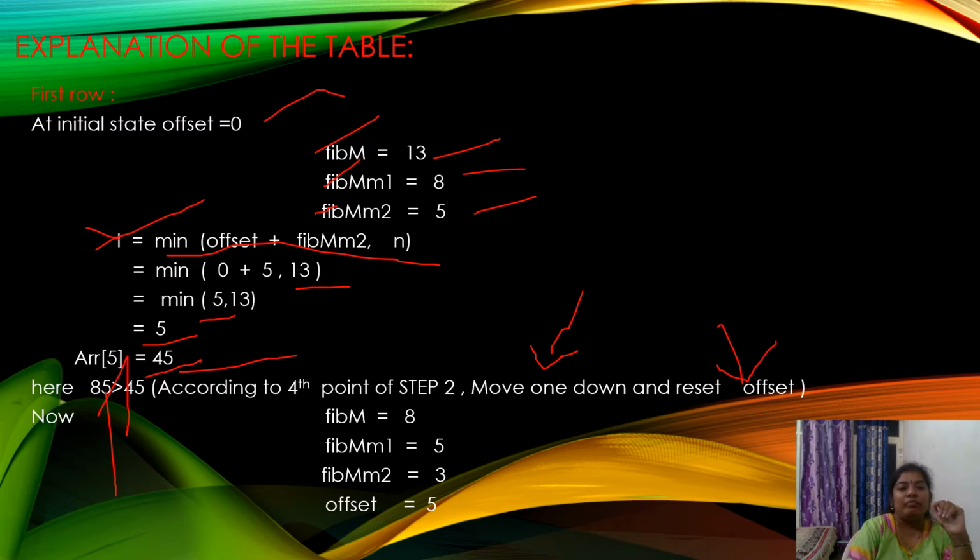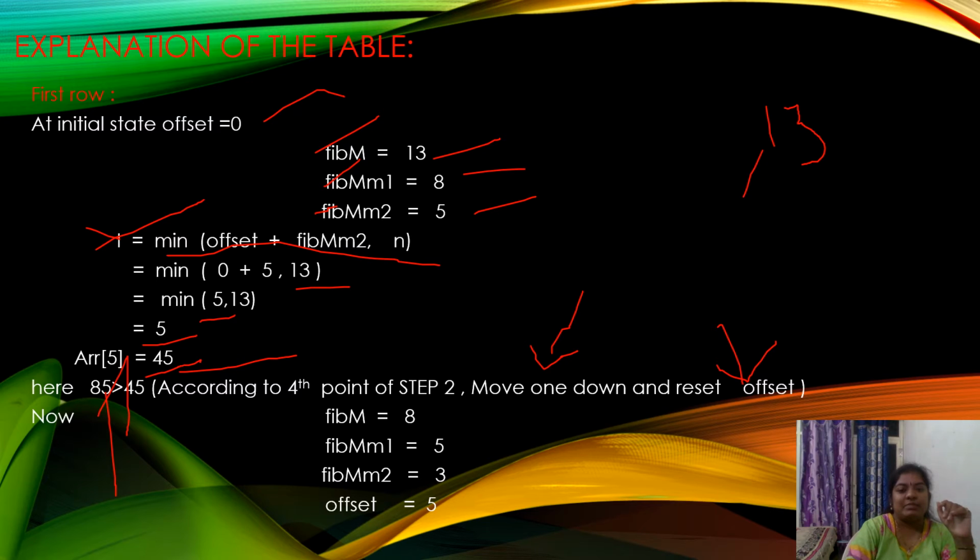What is the meaning of move one down? Here 13 is our Fibonacci number. In that Fibonacci number, move one down, meaning previous, so go to the left side.